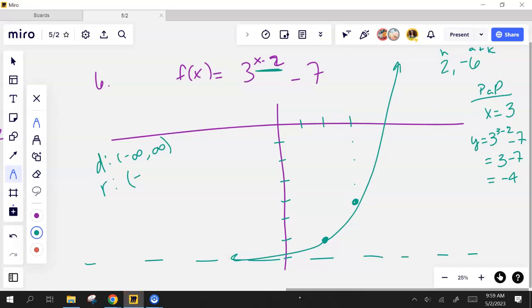Negative 7, close, just because it's not actually -7, that's why I do the parenthesis, it becomes really, really close. So -7 up to infinity. If it's above the asymptote, yes. If it's below the asymptote, it'll be -infinity to the asymptote. You always go down to the asymptote itself. This asymptote is y equals -7, so that's why I went to -7.